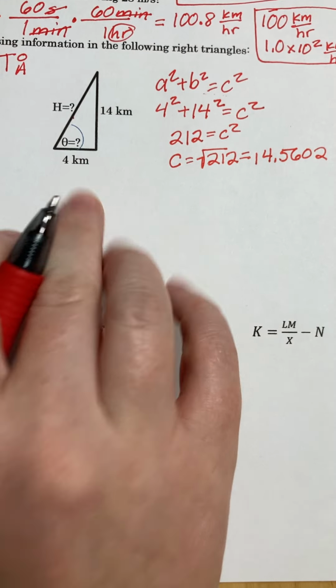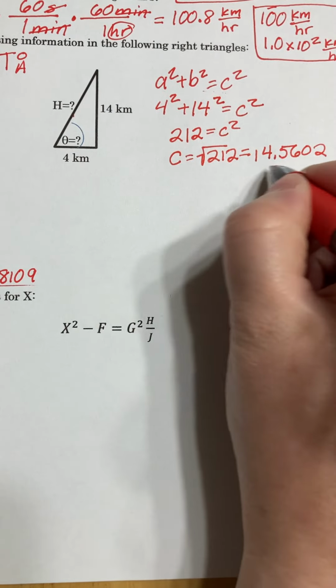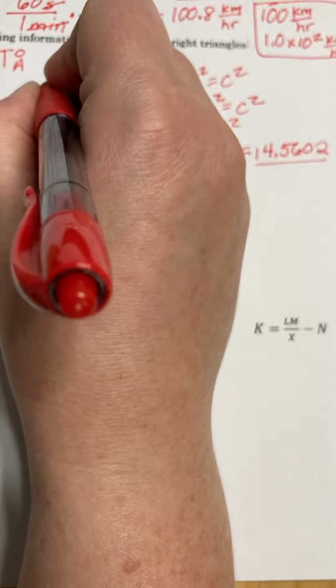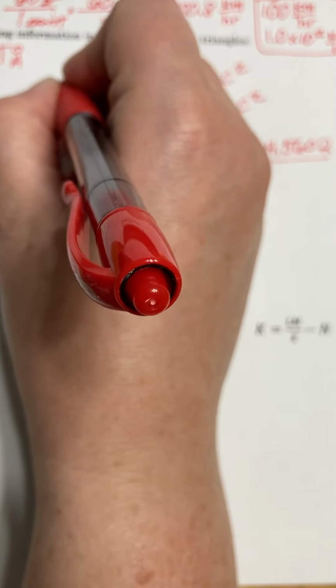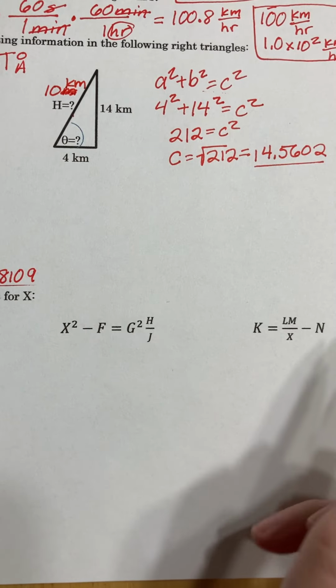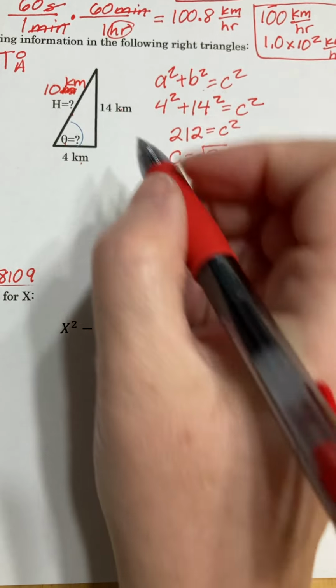Unfortunately, I gave you 1 sig fig on this, so this has to turn into 10 kilometers. Put that there. And then here for the angle, we have the opposite and the adjacent, so we're going to do tangent.